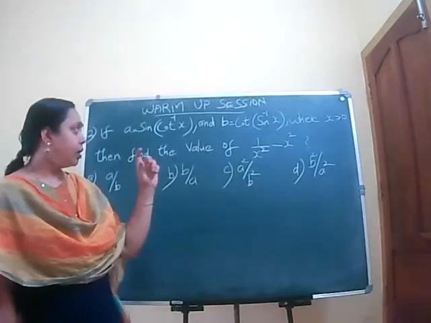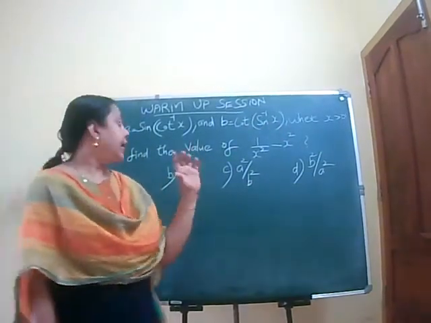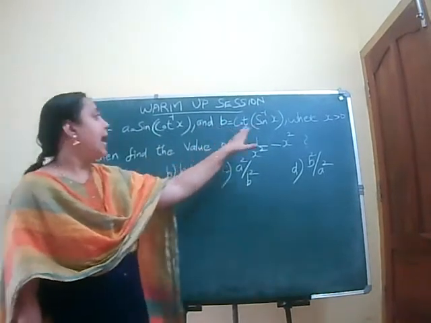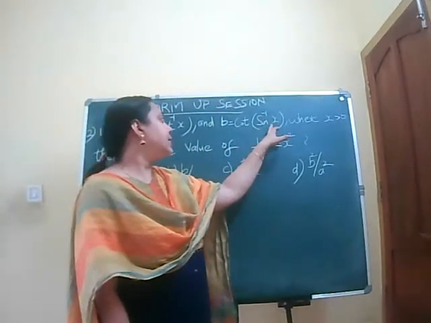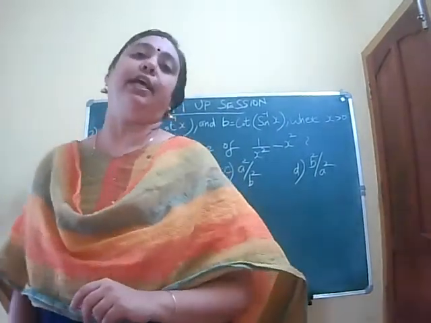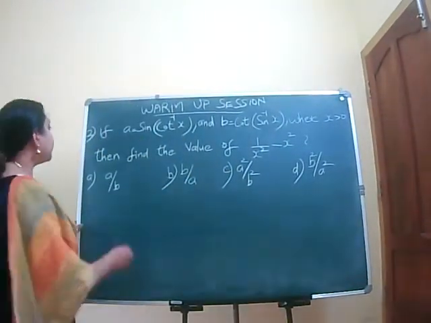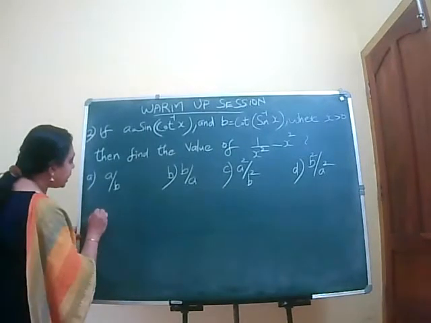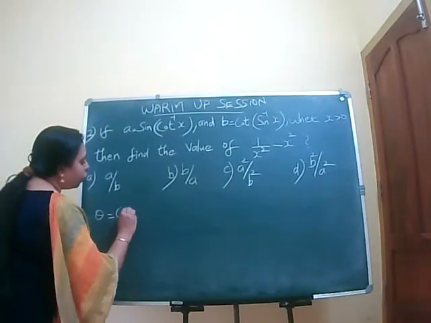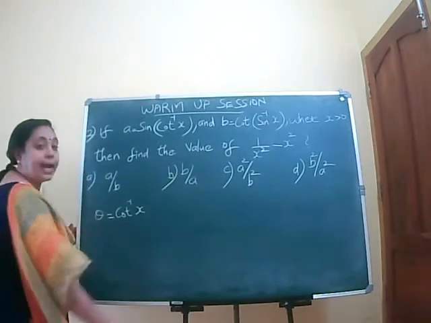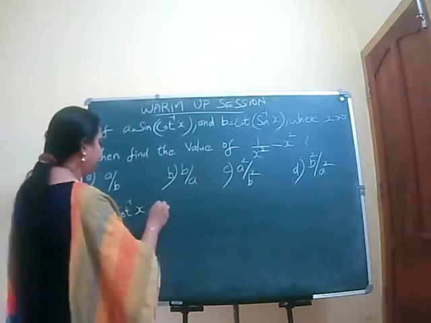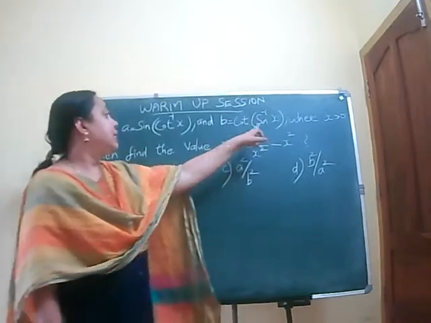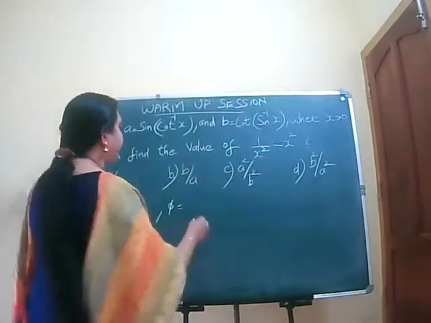That is, here take substitution for cot inverse x and sin inverse x, say theta, phi or anything. Put theta is equal to cot inverse x and phi is equal to sin inverse x.